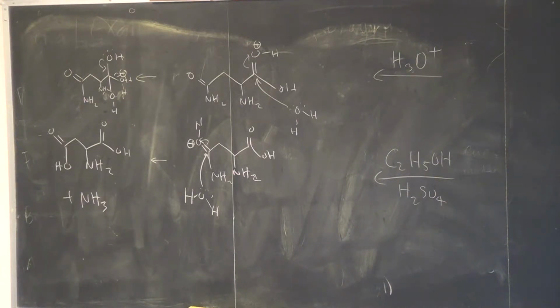Then a nucleophile reacts with it, and that converts the acid or the ester or the amide to another acid or acid derivative. So that's what we're doing here: we're converting the amide into an acid plus an amine.